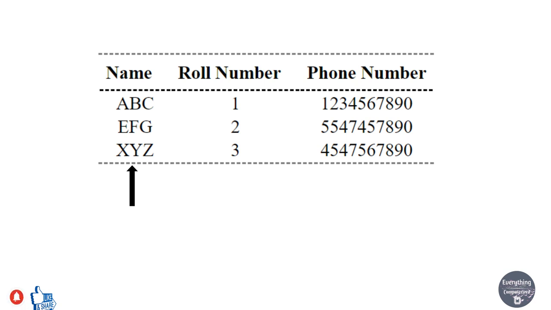So the type of data in the names is text, so we have to specify the data type for the column so that it can hold text. In the phone number field, we have to specify the data type so that we can store numbers only. If we do not specify the data type, the column will not be able to store the data which we are giving it. So a data type plays an important role in a table.